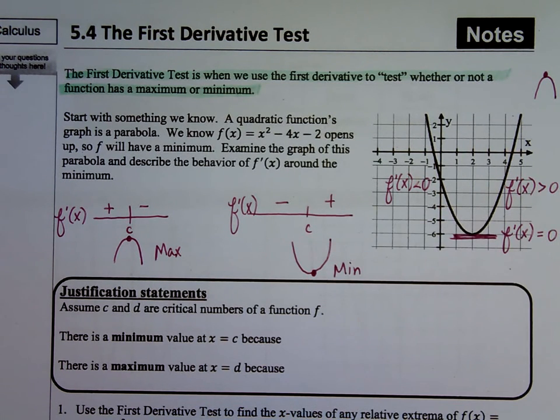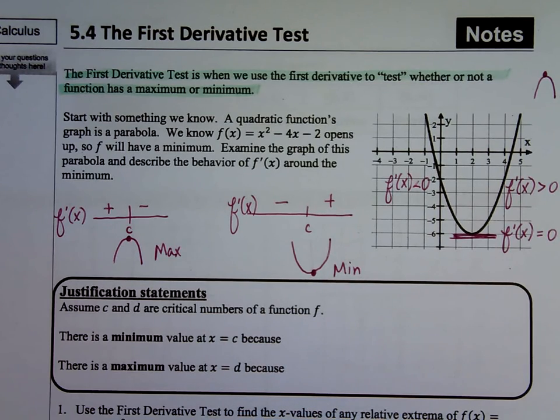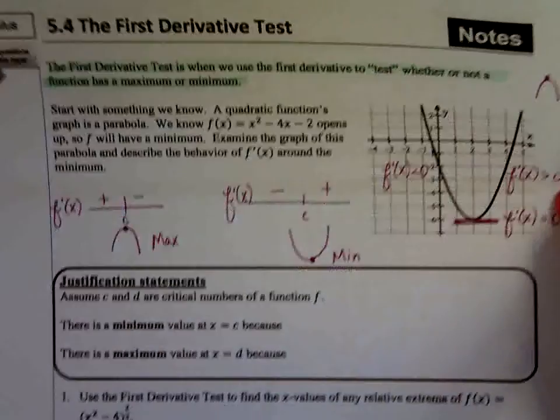So it all links together. These are all things we've been talking about in the last 3 sections. Finding critical points by setting the first derivative equal to 0 or figuring out where it's undefined. Figuring out where a function is increasing or decreasing from a sign chart. And now we're going to use the sign chart to determine if we have maximums and minimums. So this section should be relatively easy. The concept is the same type of thing we've been talking about for the last few sections.